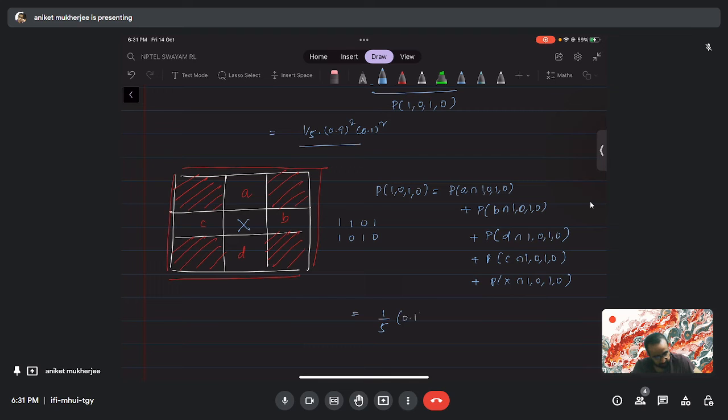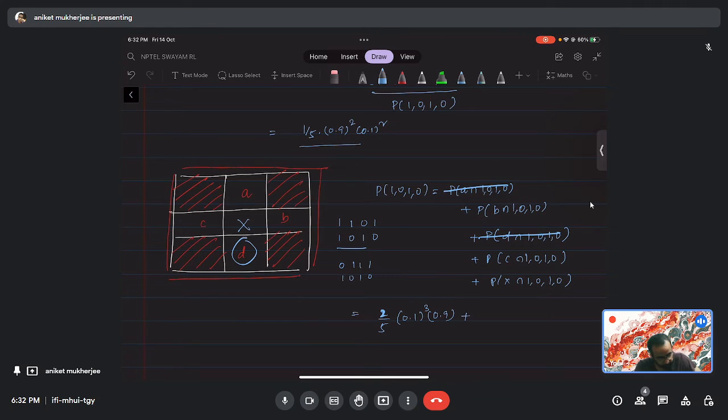So 0.9, 0.1 cube, and 0.9. I think D also would give you the same thing. What is D? 0, 1. D also gives you the same thing, right? Yes. So 2 into. These both are done. 2 into, because it's the same thing I'm just multiplying.